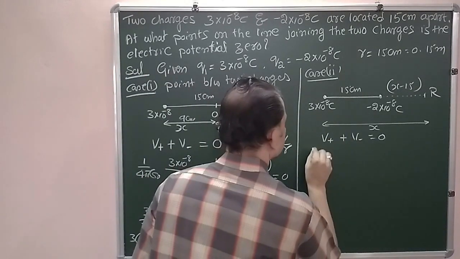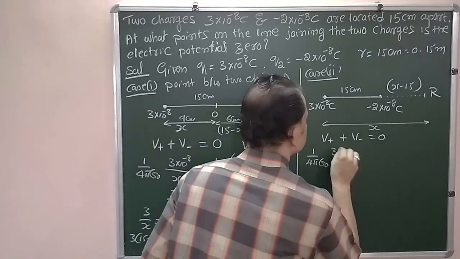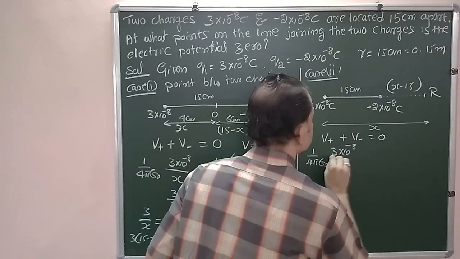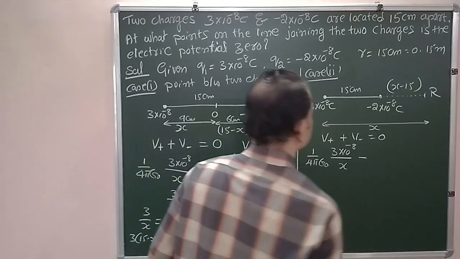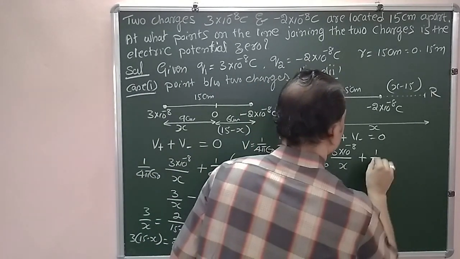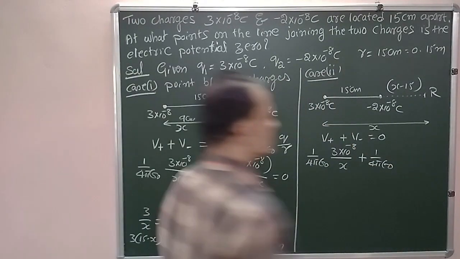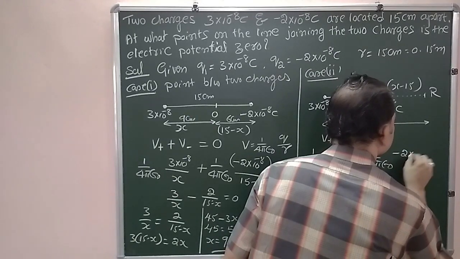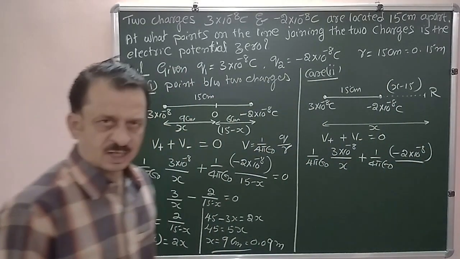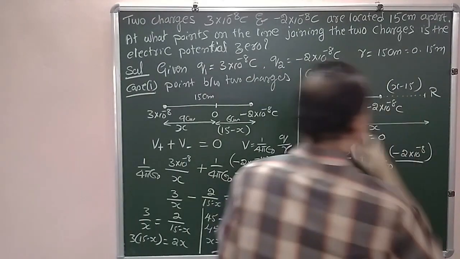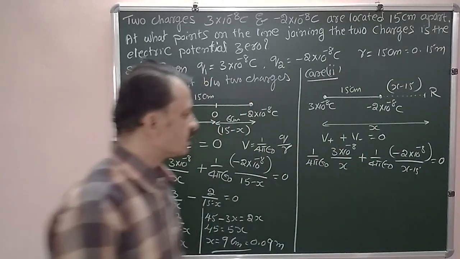So once again writing the terms, 1 divided by 4 pi epsilon naught, charge 3 into 10 to the power of minus 8, divided by distance x, plus 1 divided by 4 pi epsilon naught into the second charge, which is negative, we have to write the minus sign also, since we are calculating the scalar quantity potential, and the distance x minus 15, is equal to 0.